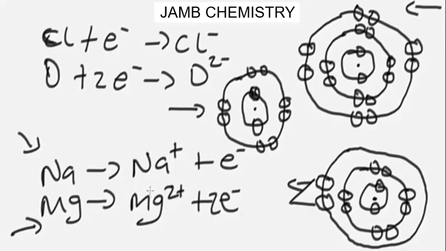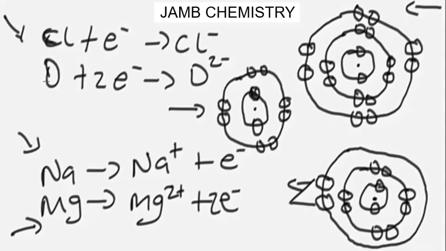Now in the case of non-metals, elements in group 7, as we know, all have 7 electrons in their outer shell. So they will gain 1 electron to attain stability, just like chlorine. Another typical example is fluorine. Fluorine is also in group 7. So they will gain 1 electron to attain stability, to form a single negative charge, which has the same electronic structure as a noble gas.